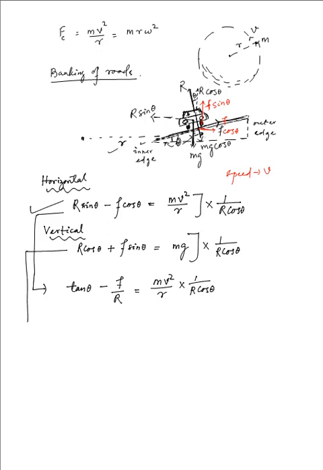Then you have the value as simply 1 for the vertical equation, because r cos theta by r cos theta is 1, and you have f by r and tan theta, in this case sine by cos, and again mg divided by r cos theta on the right hand side. Now let this be equation 1, let this be equation 2.